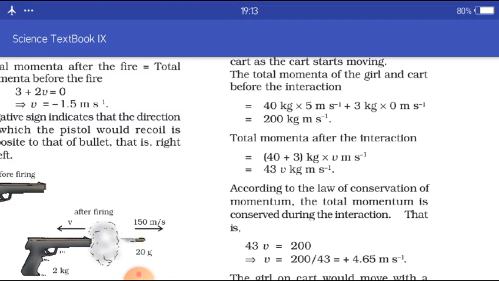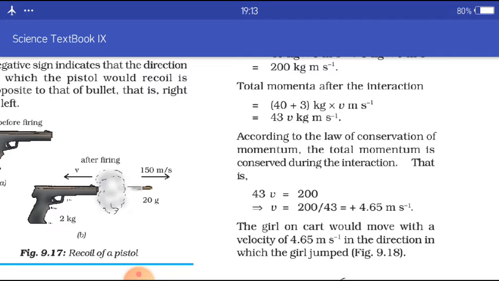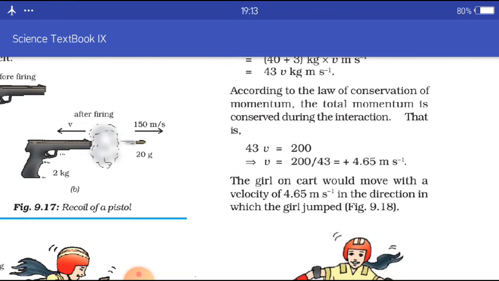Total momenta after the interaction is 40 plus 3, so we write 43. According to the law of conservation of momentum, the total momenta is conserved during the interaction, that is 43 v is equal to 200, so v is equal to 200 upon 43.